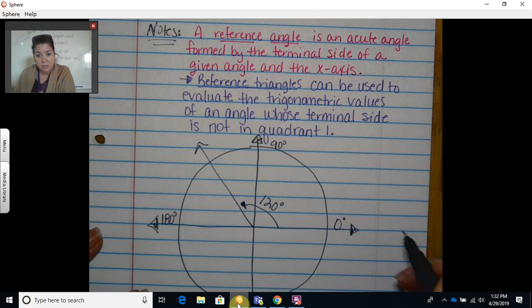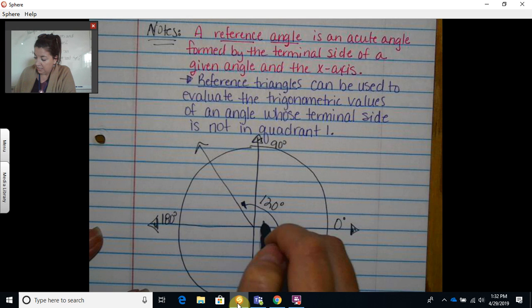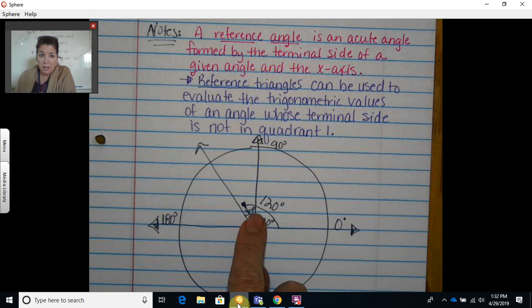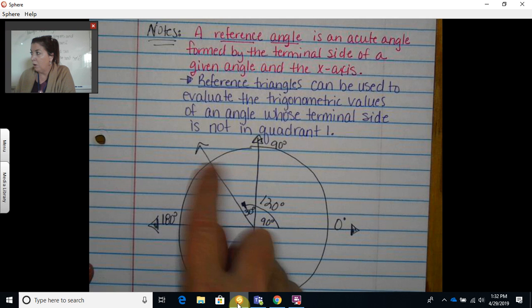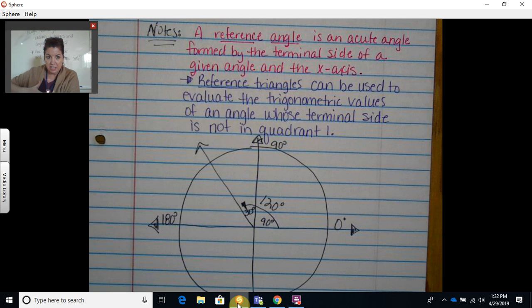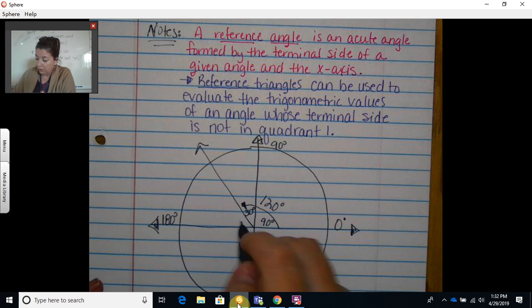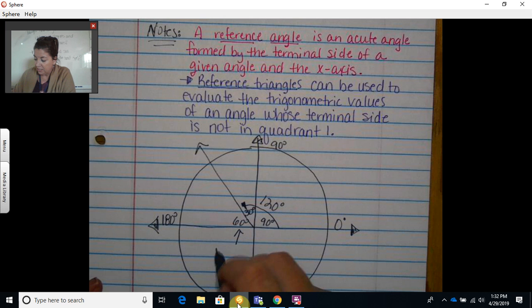So we know from here to here was 90 degrees, then we had to go another 30 degrees. But that 30-degree angle, we're not able to use that to find sine and cosine, are we? We can't draw the terminal side. We don't draw a perpendicular line to the y-axis ever. So we have to use the other side of it, which we've learned before. And so that other side, the 60-degree angle, that would be called our reference angle.